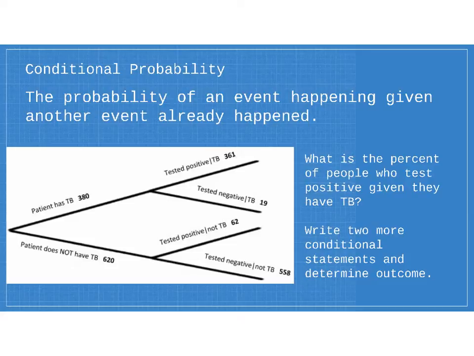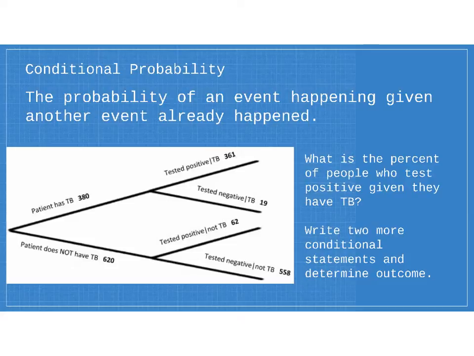There's this idea within probability called conditional probability. And what conditional probability is, there's a condition that's set first, and then we figure out the probability after that. So the probability of an event happening given another event already happened. So in this case, the one example I give you, what is the percent of people who test positive given they have TB?